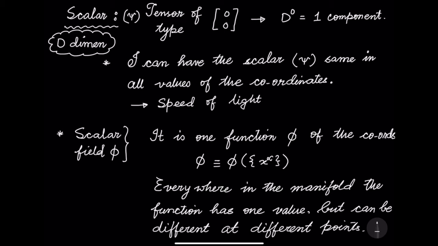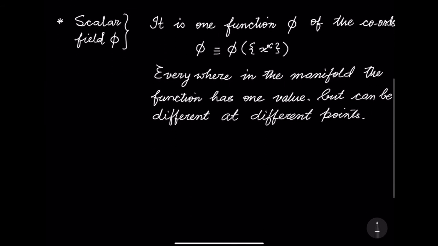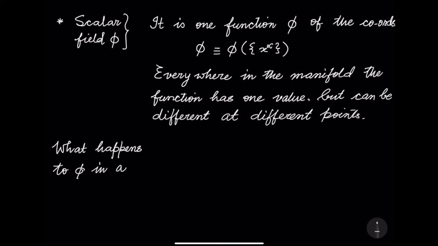Okay. Now, let's ask the following question. The value of this function is different at different points in the manifold. But what if I ask the question: given a coordinate system, how will these values change? If I change from one coordinate system x alpha to another coordinate system, say x beta prime, what will happen? So the question is, what happens to phi in a coordinate transformation?